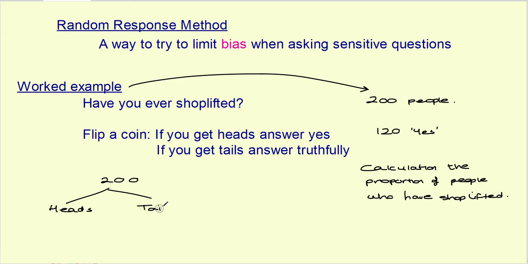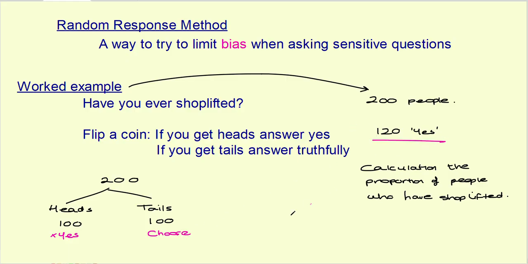Now, it's never going to be exact, but we expect it to be in the ratio 50-50. So half the people get heads, which would be 100, and half the people get tails, which would be 100. If you get heads, you have to say yes. So there's 100 yeses just from getting heads. However, if you get tails, you can choose what you want to say.